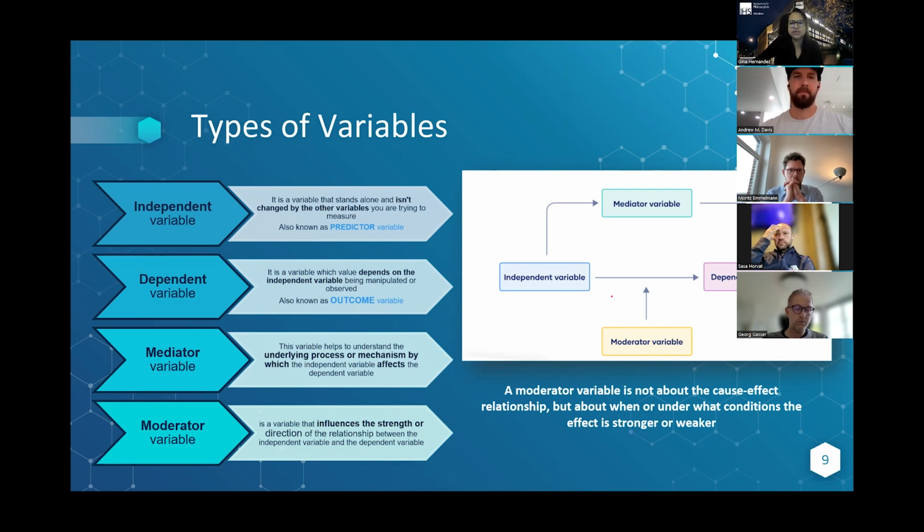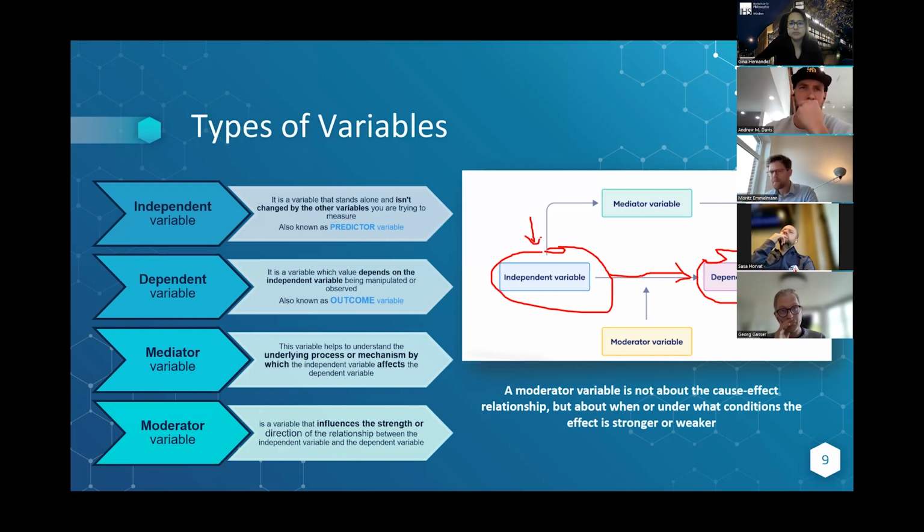So as you can see here in the chart, the independent variable happens by itself, and then the dependent variable is the one that we are interested in, and we know that somehow the independent variable is making a change in the dependent variable. These variables are also known as the predictor variable and the outcome variable when you are using inferential statistics.